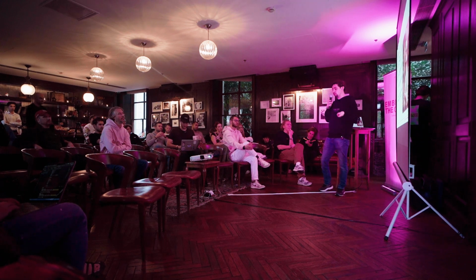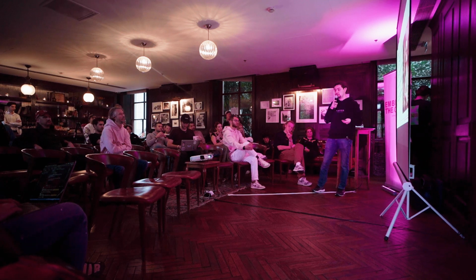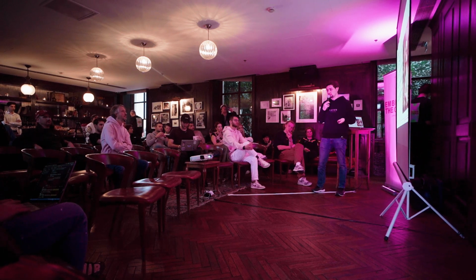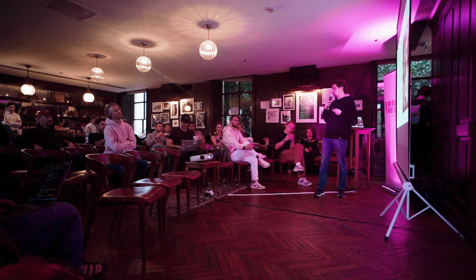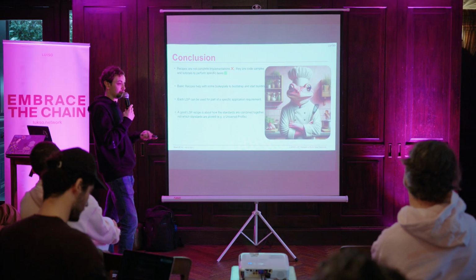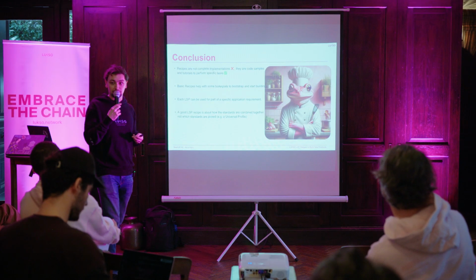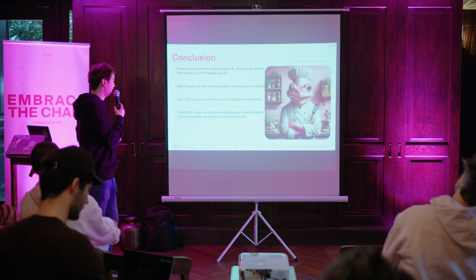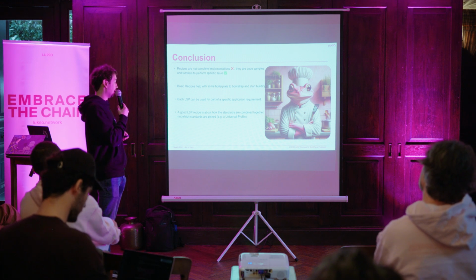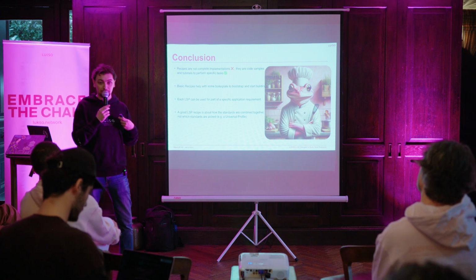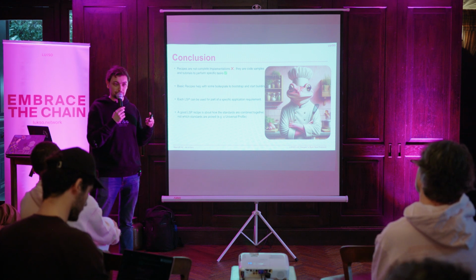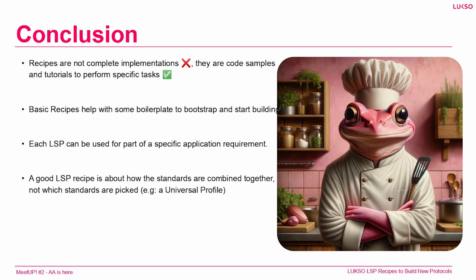For instance, if you want secure ownership management, you can use LSP14. If you want meta transactions, you can pick LSP25. If you want multiple users to have access control, you can use LSP6. So each LSP is for specific features and use cases. And a good LSP recipe is about how you combine the standards together, in a specific way, but not which standard you are picking.